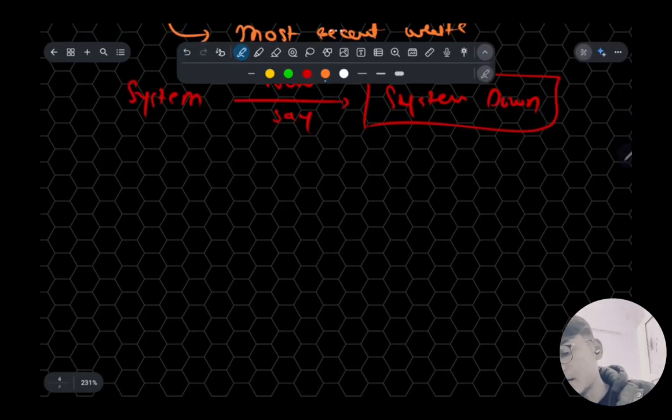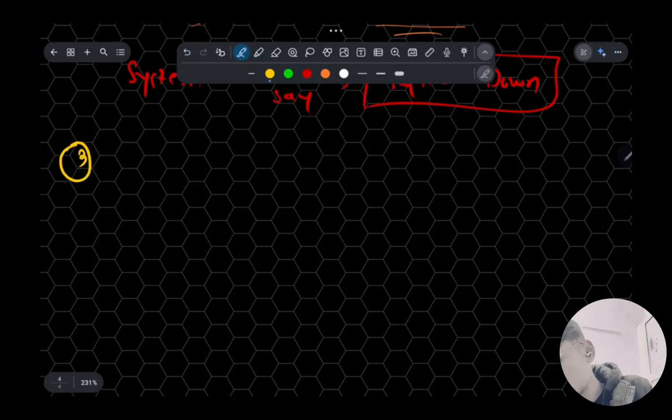Then the third property is P for partition tolerance.